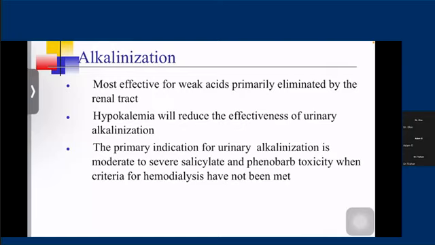The primary indication is moderate and severe salicylate and phenobarbital poisoning. The outcome is really very good, especially if we are not in a setup where we can provide hemodialysis.